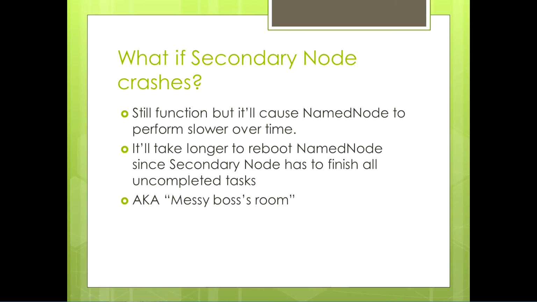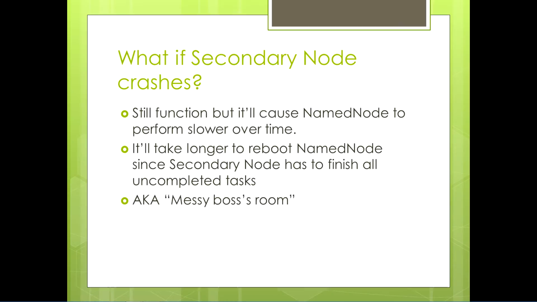Next is, what if secondary node crashes? It still functions, but it'll cause name node to perform slower over time. It'll take longer to reboot name node since secondary node has to finish all uncompleted tasks. Another way of looking at it is that without the secondary node, you end up with a messy boss's room. It's going to get messier over time.